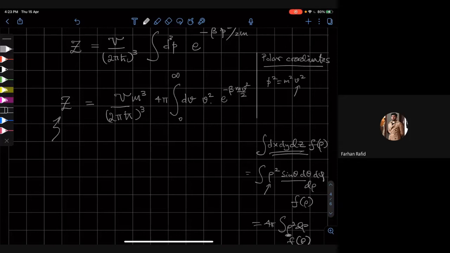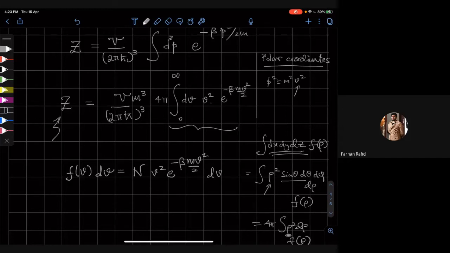So if I look at this on the right hand side and think of it as a probability distribution, then the probability that we have a particle at speed v in an interval dv around v should be given by some normalization factor times v squared e to the power minus beta m v squared by 2 dv, right?